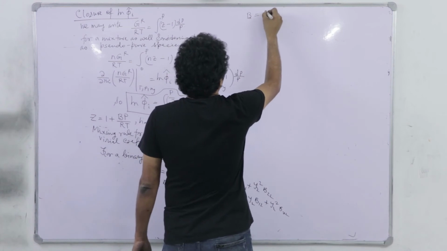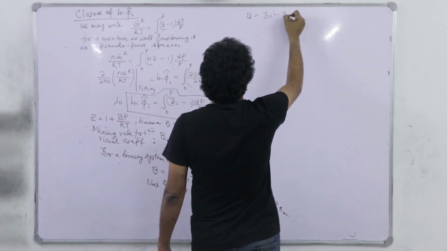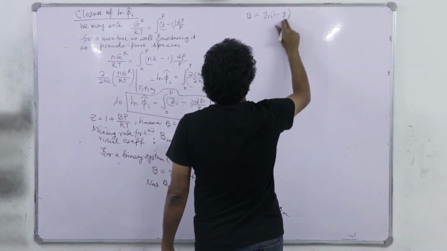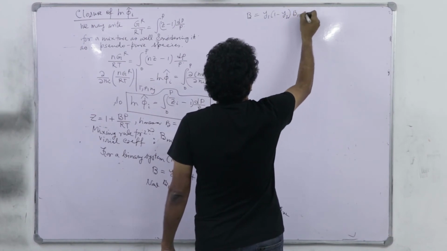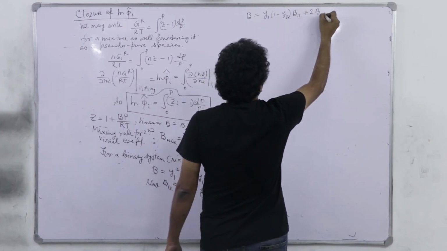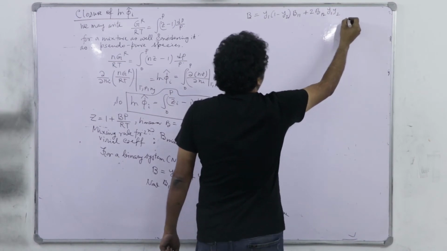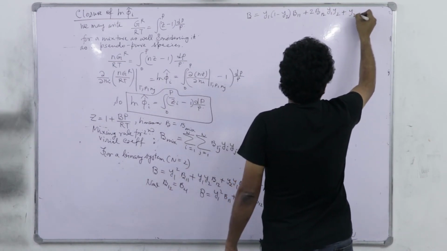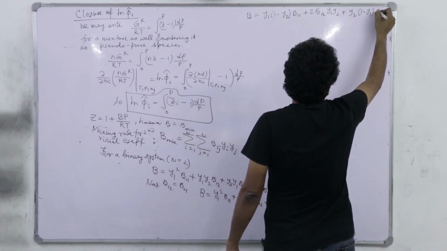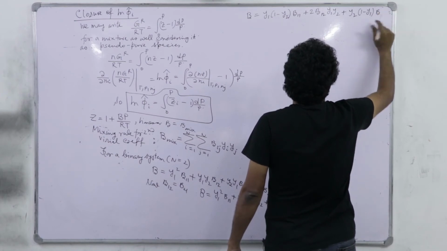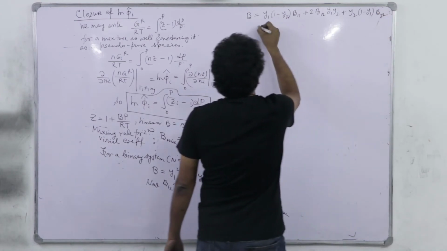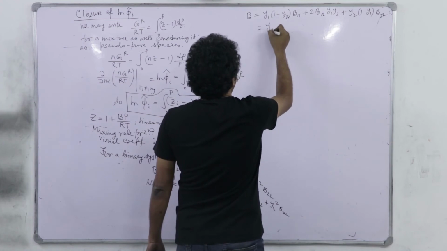So, B is equal to y1 into (1 minus y2) B11 plus 2 y1 y2 B12 plus y2 into (1 minus y1) B22, just to get a relatively simple mathematical form. See how it will be helpful.